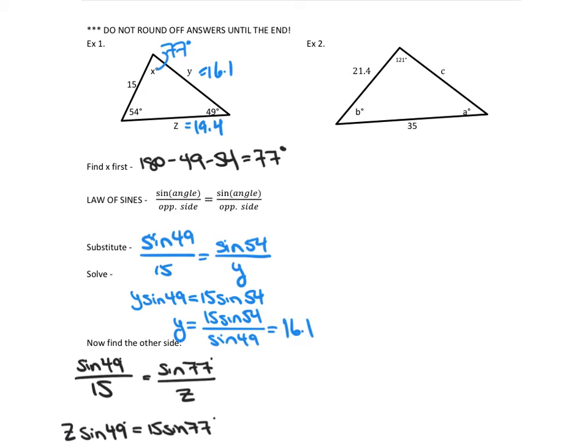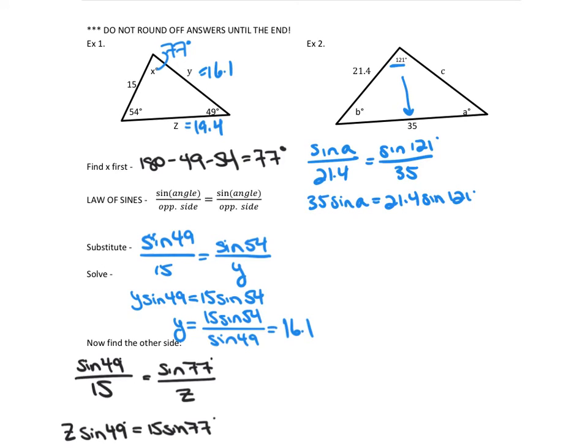In our second example, we're given the 121 degree angle with the opposite side of 35, but we're missing the other two angles. So we can either find A or B first, but given that we don't know C, it'll be easier to find A. So the ratio that we'll set up is the sine of A over 21.4 equals the sine of 121 over 35. We'll cross multiply and have 35 sine A equals 21.4 sine of 121 degrees.